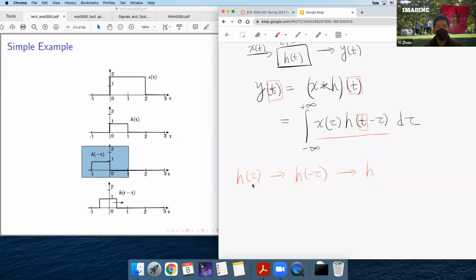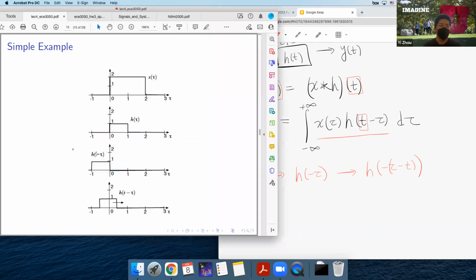And then in order to introduce this shift t, we need to do negative tau minus t, which will give us a positive t in the end. So basically this t will shift the reversed signal to the right by t units. In the last figure, this reversed signal is shifted to the right by t units, and suppose this is the value of t.